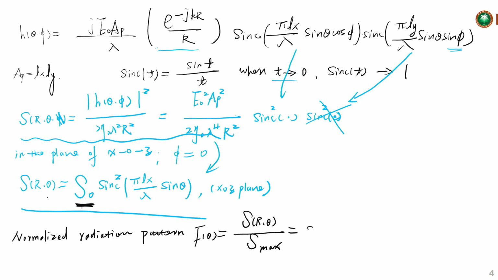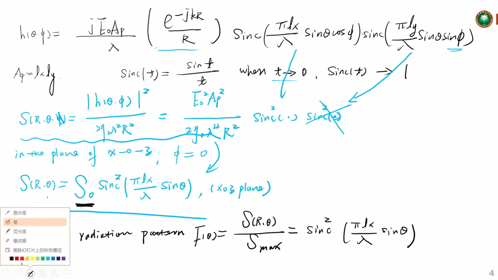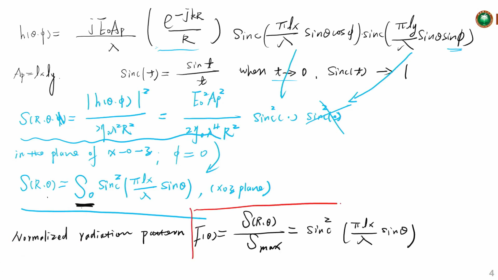So it can be expressed as this term, pi Lx over lambda times sin theta. So this is a general expression for the radiation pattern of an antenna by this form.